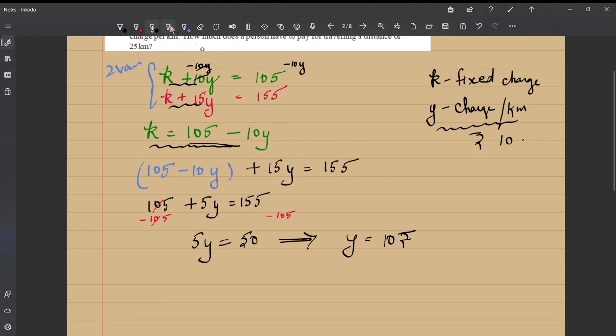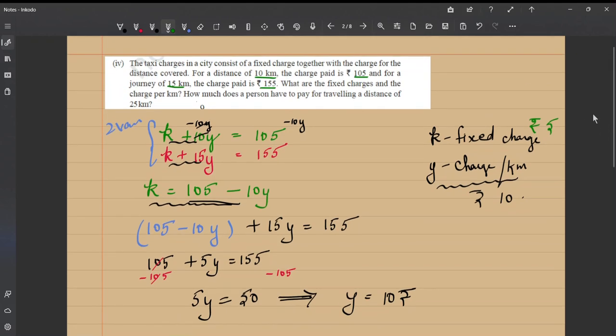I'll rewrite this here. It's K is equal to 105 minus 10y, but y I know is 10, so K is equal to 105 minus 10 into 10, which is equal to 105 minus 100, which is equal to rupee 5. So now I have found the fixed charge also. It's rupee 5.